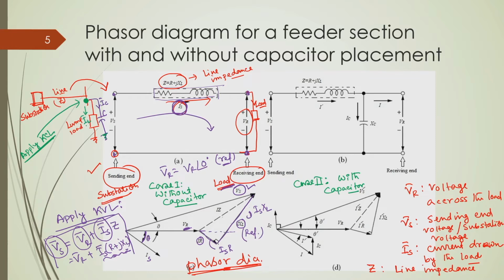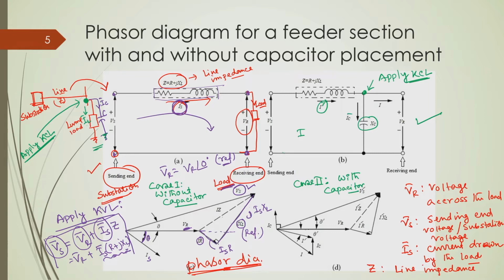Without the capacitor, this I L was equal to the line current, that is I s, but now I s has changed to I dash, as shown over here. If we apply KCL at this point, because when we connect a capacitor in parallel to this load, this will be the equivalent circuit, and this is the capacitor which is drawing the current I c.